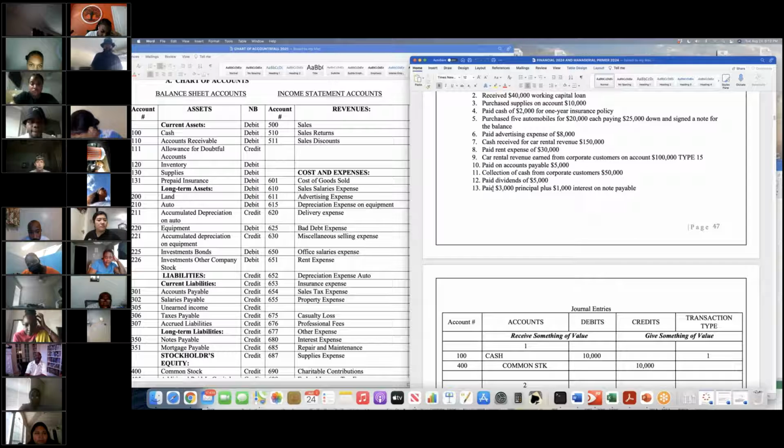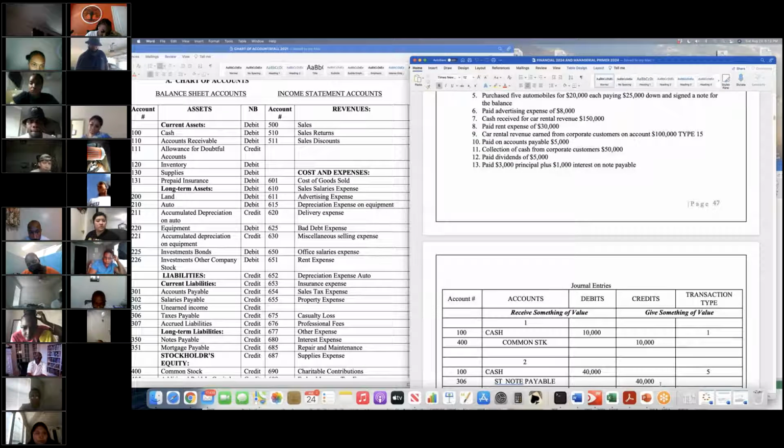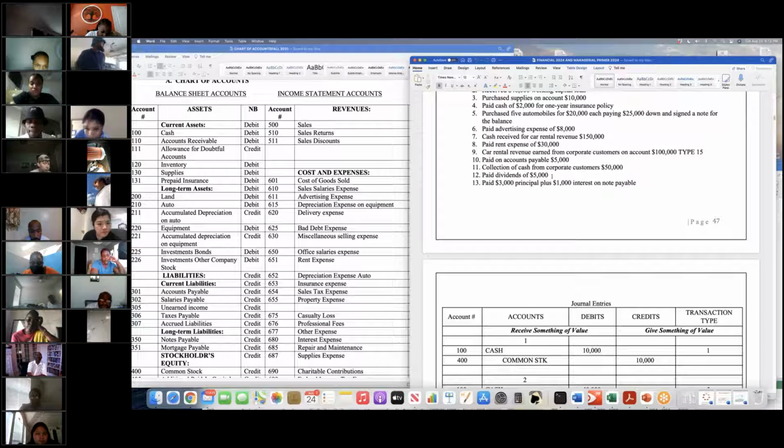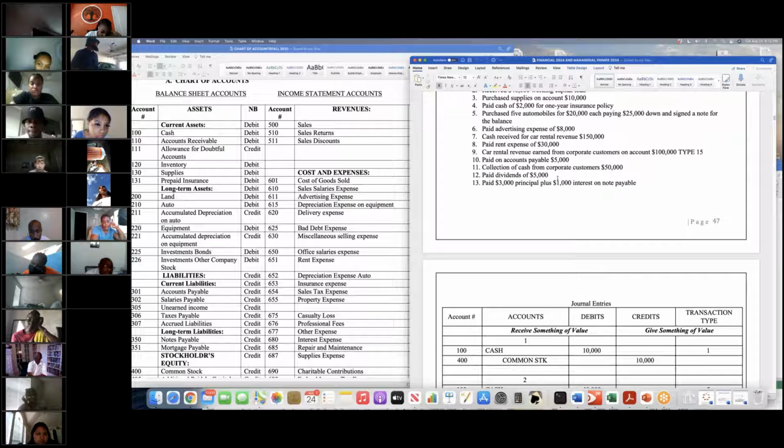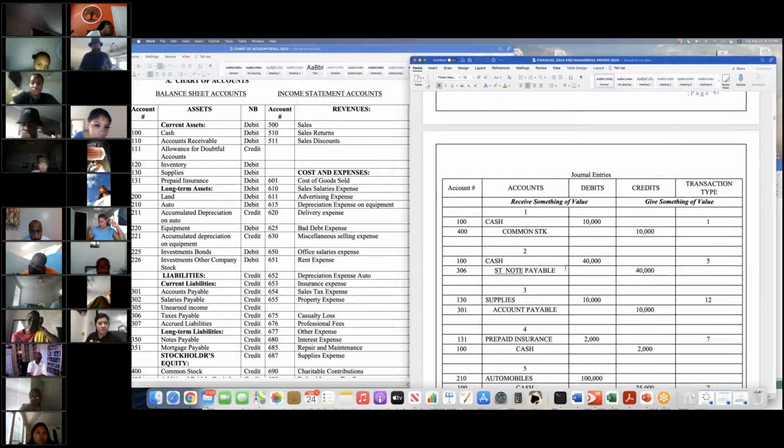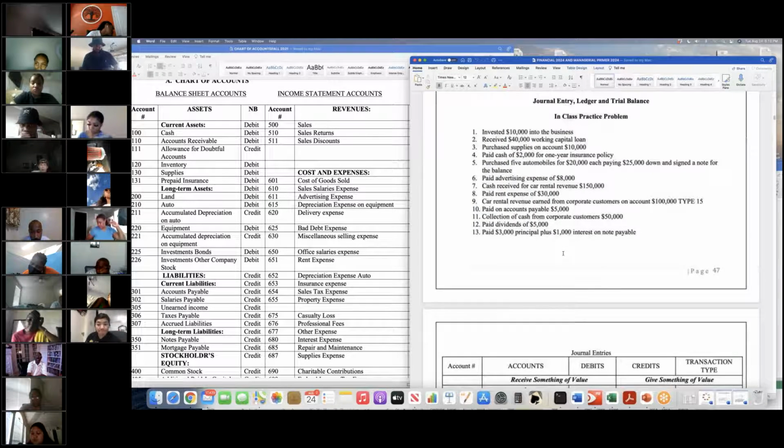We said 2 was we debited cash and credited notes payable, 40,000. Number 3, you debit supplies and credit accounts payable. Debit supplies, credit accounts payable.